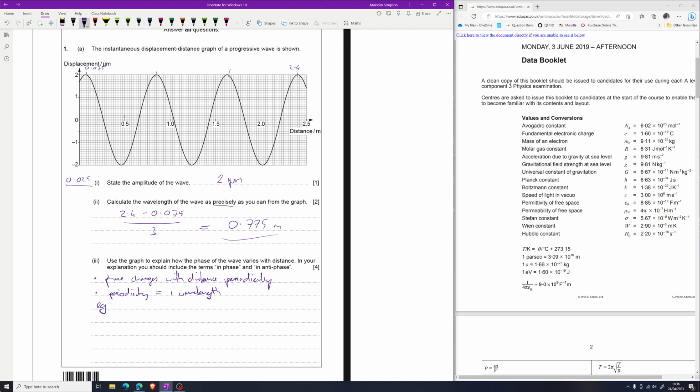So for example, this is where I wonder, can you actually go ahead and label this up? Can I just label some points on the graph? I don't know.